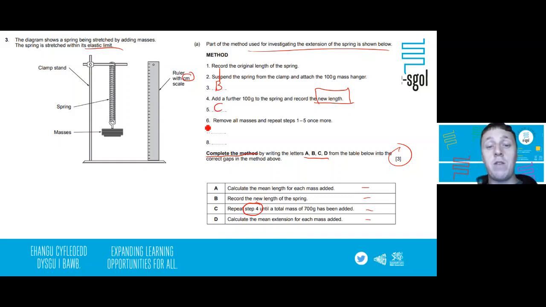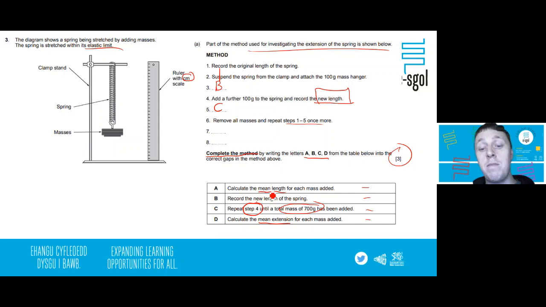C fits into statement 5 because it does make sense to repeat step 4 until we reach a total mass of 700 grams. If we remove all the masses and repeat steps 1 to 5 once more, that means we'll have more values. So the question is, we have A or D for the last 2 points. What we can do is either calculate the mean length for each mass or calculate the mean extension.